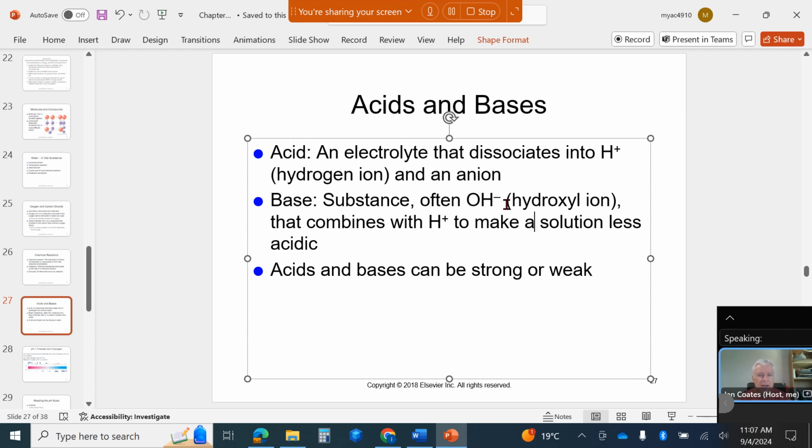Okay, and you see there that bases, OH minus, plus the hydrogen makes water. You see that? H2O. So if you add baking soda, which is a base, it produces hydroxide ions.